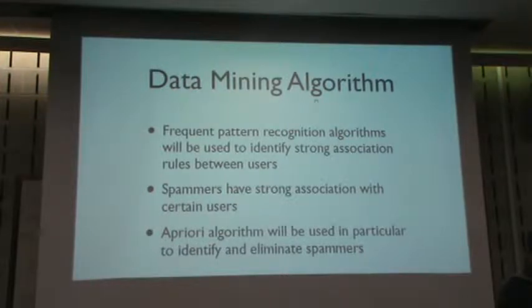You can test the different ones. It is generally true, you don't know until you get the result. Using this frequent pattern identifier, we would like to see which users have a 100% or strong relationship with other users, assuming that they will be spammers.